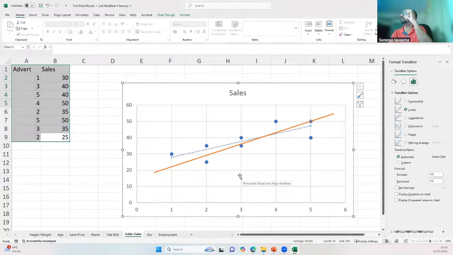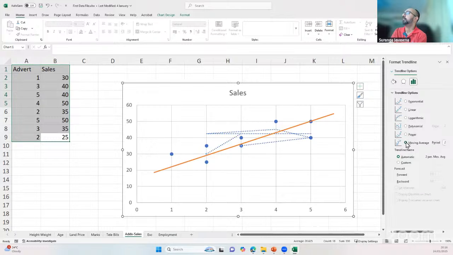Once you click, it will open with some options. It says exponential, linear, logarithmic, polynomial. Various different options are given. These things you still don't know, but linear, at least you know.